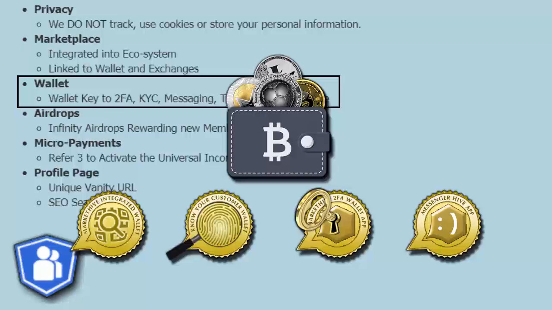When the wallet is released, and if you want to monetize your site with our coin, you'll have to do KYC, know your customer, anti-money laundering. That means you have to upload your passport or government ID. It gets approved. Then all that information is put on your wallet, and your wallet gets like a 138 character encryption code that connects us to your wallet so that we can access your content if need be for whatever legal purpose.